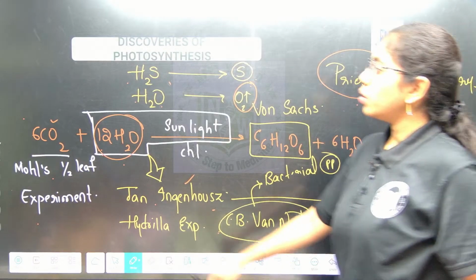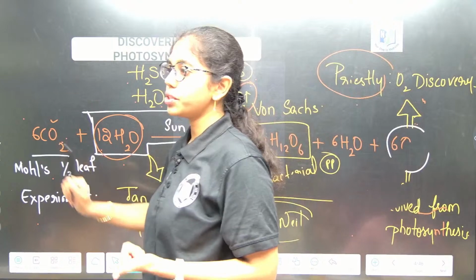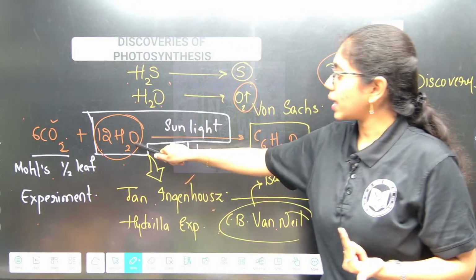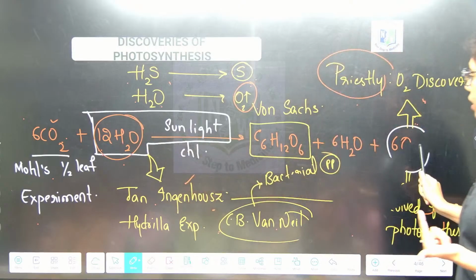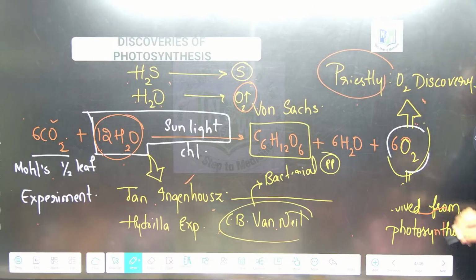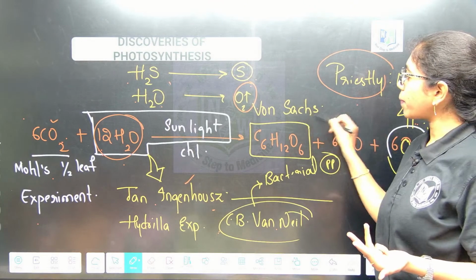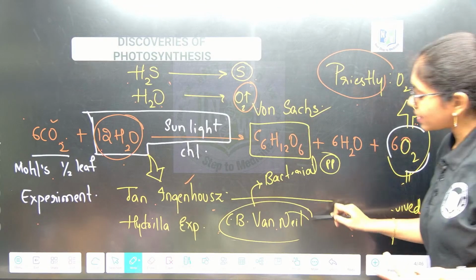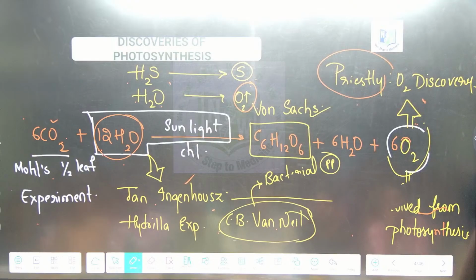So first, who said that carbon dioxide is essential? Moll's half-leaf experiment. Who said that water and sunlight are essential and oxygen is evolved from photosynthesis? Who discovered oxygen? Joseph Priestley. Who said that the primary product is glucose? Who gave us action spectra, absorption spectra?